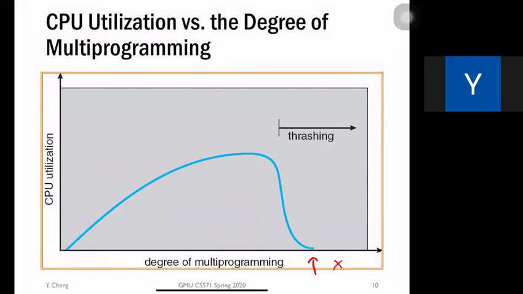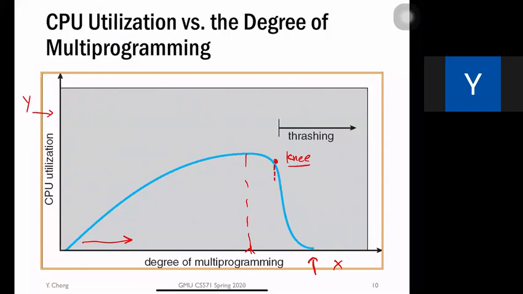As the degree of multi-programming increases from 0 all the way to somewhere over here, we observe gradually increased CPU utilization if you take a look at the y dimension, right? But all of a sudden, there's a knee at the second half of this curve. And this knee is where thrashing starts to occur.